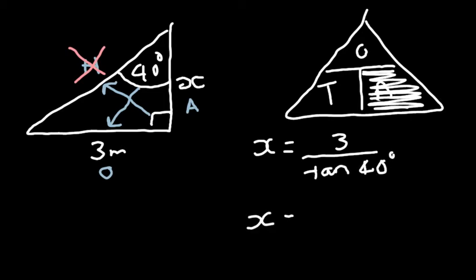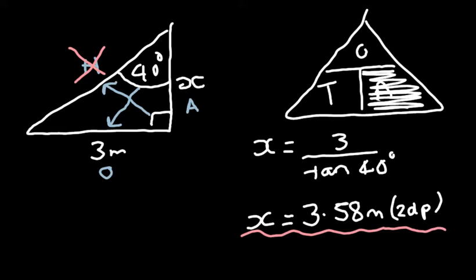Put it in my calculator, and I get 3.58 meters when I round to 2 decimal places. So we've had 2 simple examples there of how to find sides. Let's have a look at some angles.